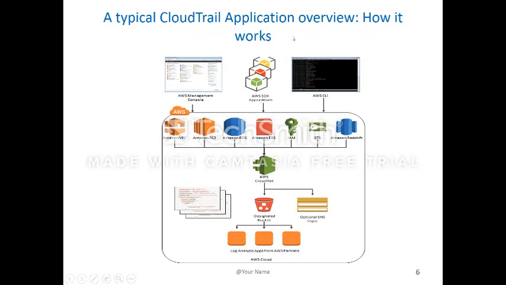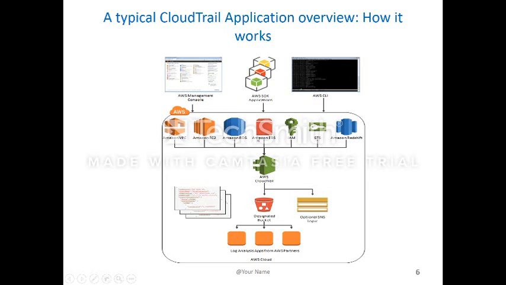A typical CloudTrail application overview. This explains how it usually works. API calls can be made through the console, the SDKs, or the CLIs, and the API calls mean calls to VPC, the EC2 service, RDS service, EBS, IAM, STS, Redshift, and many more, whatever are offered by AWS.